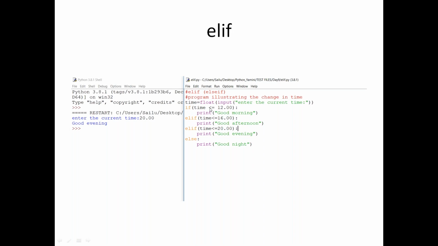So you can see here, if the time I enter is less than 12, then say good morning. If I enter the time less than or equal to 16, then the system is going to showcase good afternoon. If the time is less than 20, system says good evening. If none of these conditions are satisfied, system says good night.